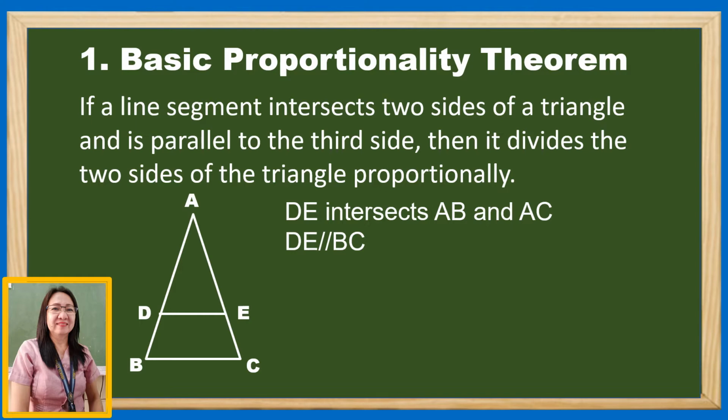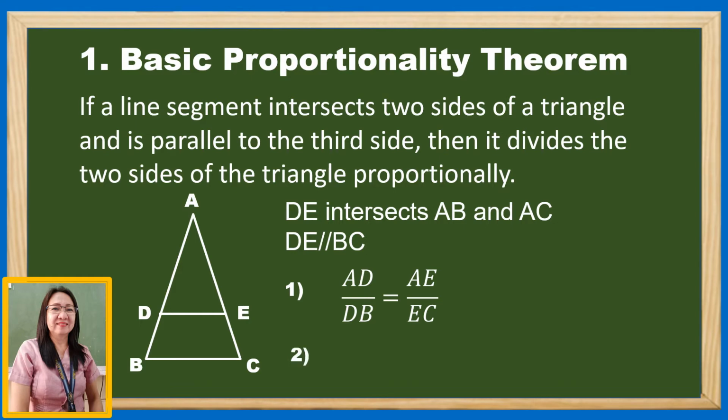So at this point, there are three possibilities, of course. First, AD is to DB and is equal to AE is to EC. So this is a proportion from one small part to another part.